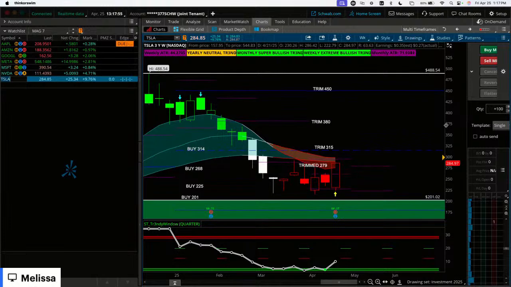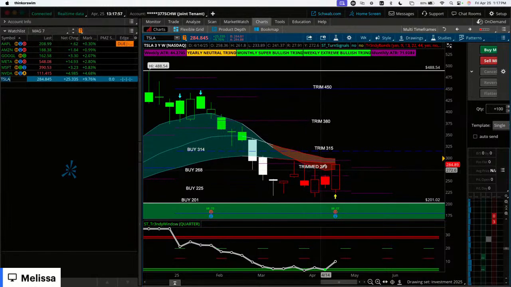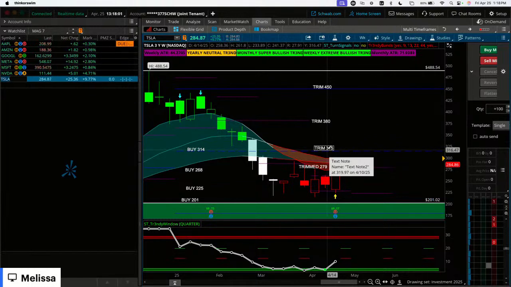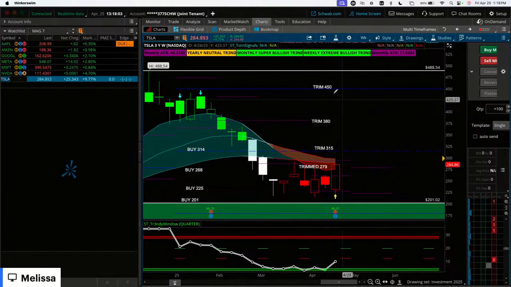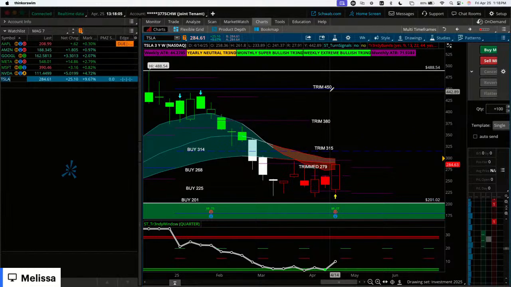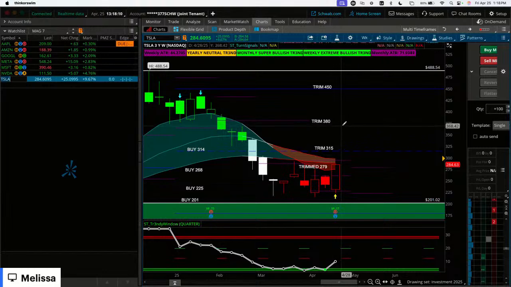Now I trimmed today, as a matter of fact, at 279. My next trim is at 315, then 380, and my target this year is 450. So I will be trimming as we move up.